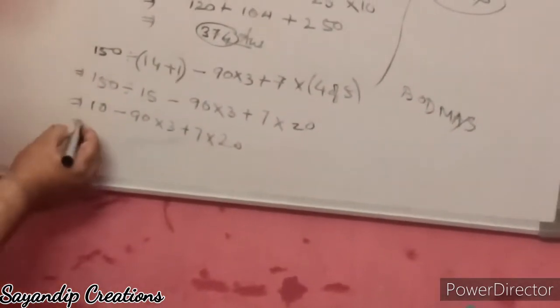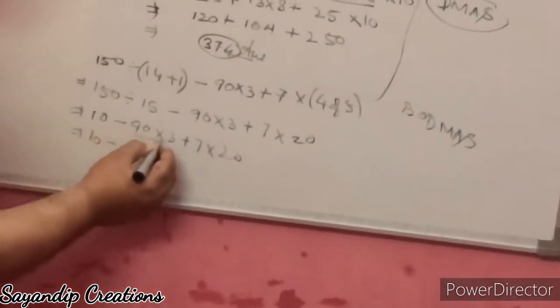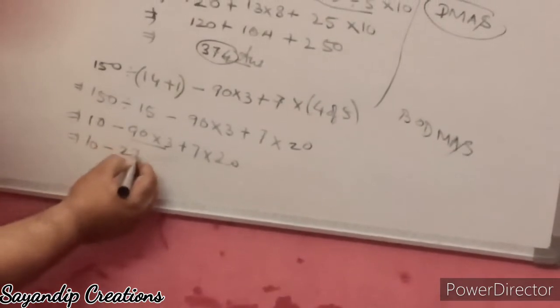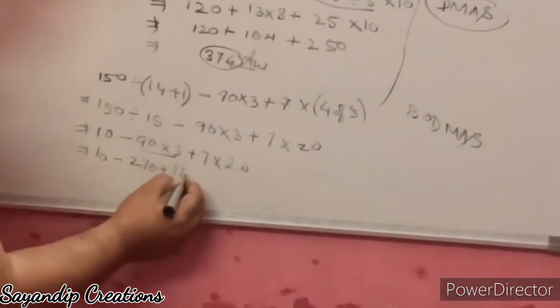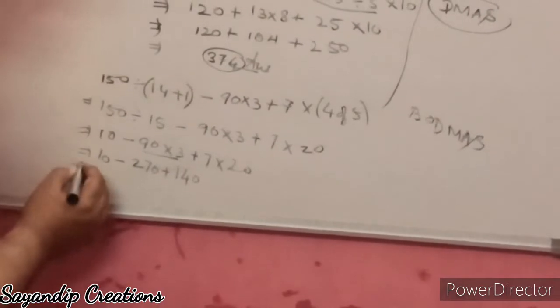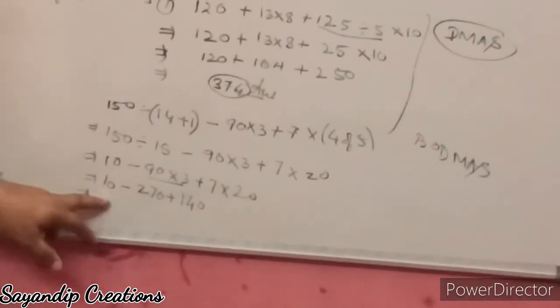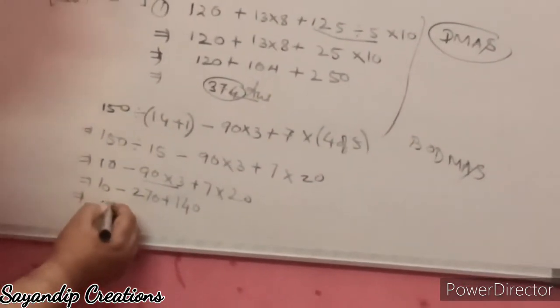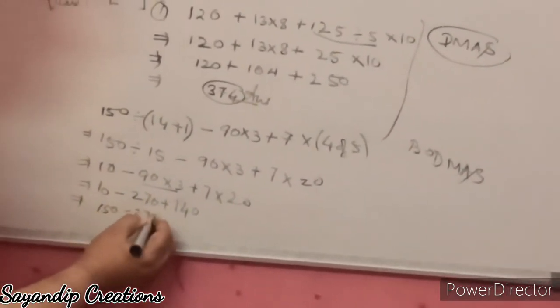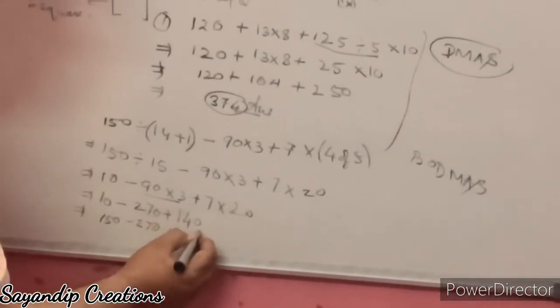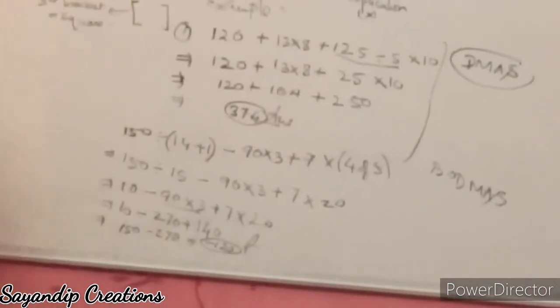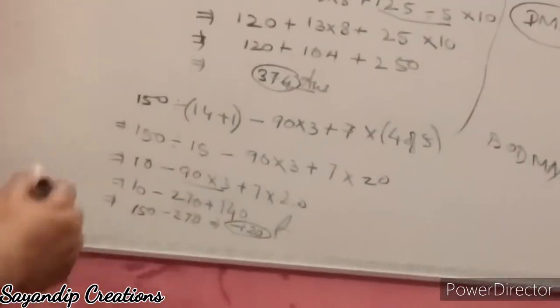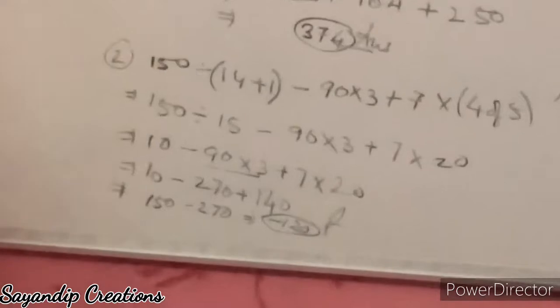Then 90 into 3 is 270, 7 into 20 is 140. Now 10 plus 140 is 150, and 150 minus 270 is equal to minus 120. This is the answer.